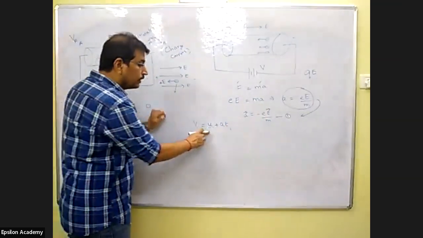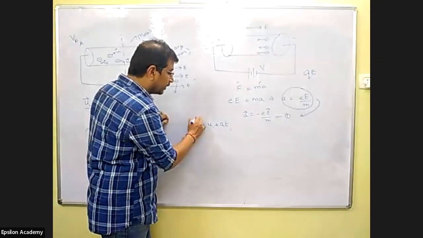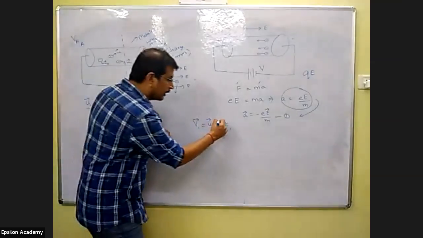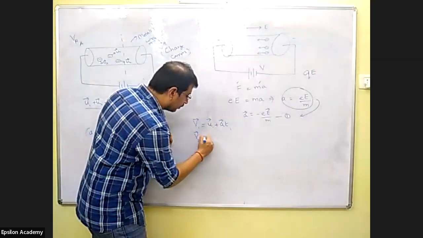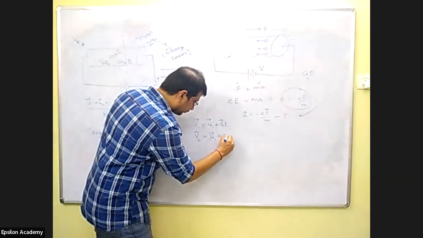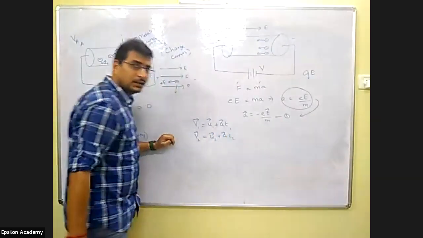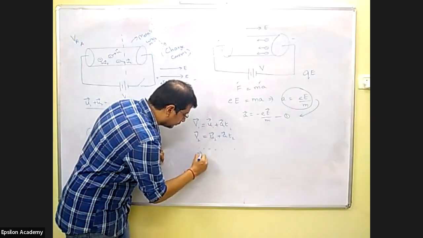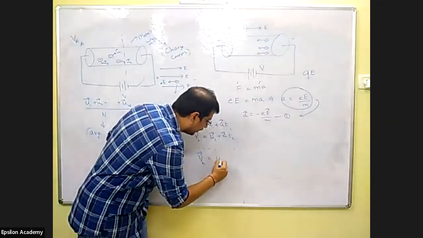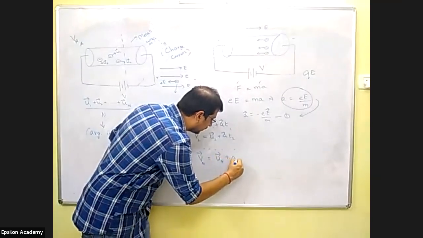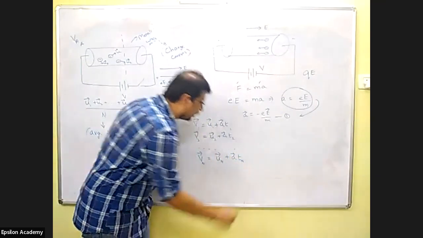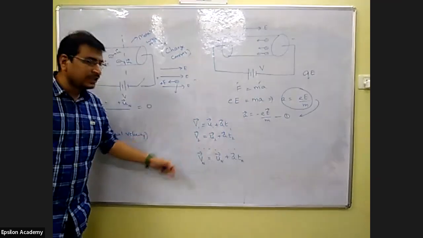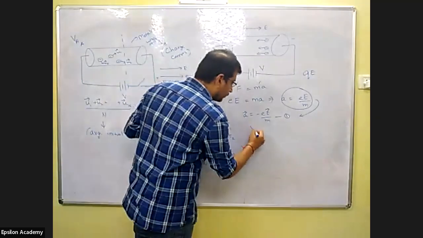So v1 will be equal to u1 plus a t1, but written in the vector form. Similarly, what about the value of v2? Correct. So what will be the velocity of the nth charged particle? It will be un vector plus a vector into tn. Accepted?